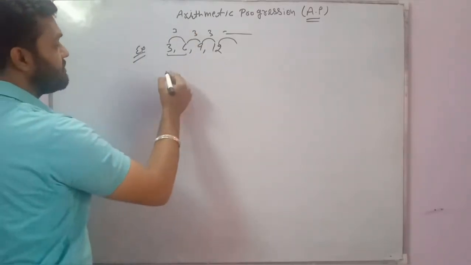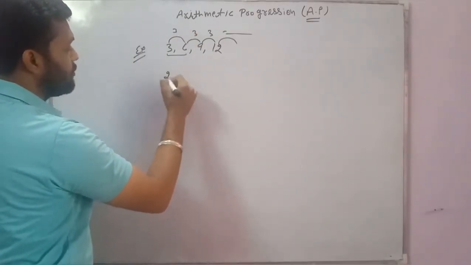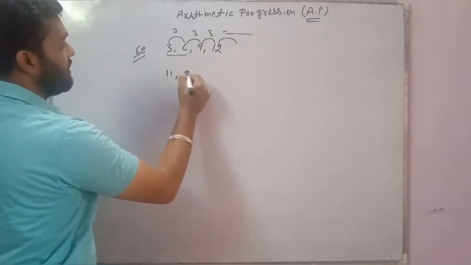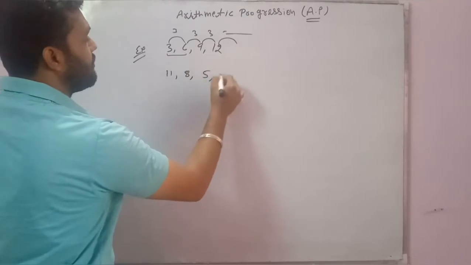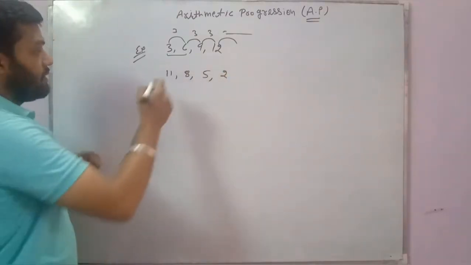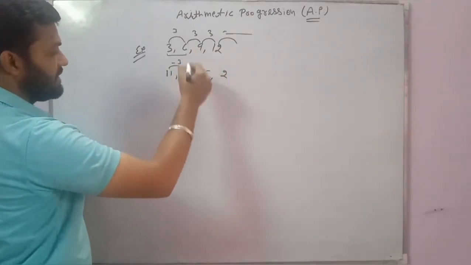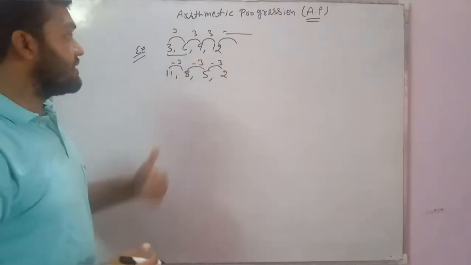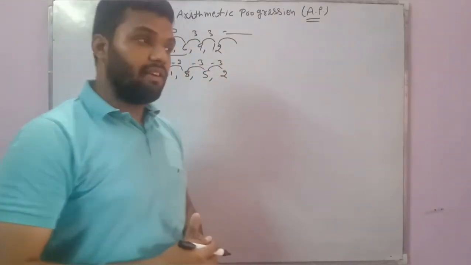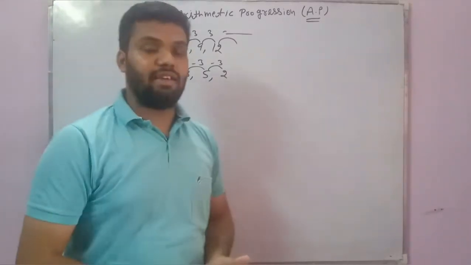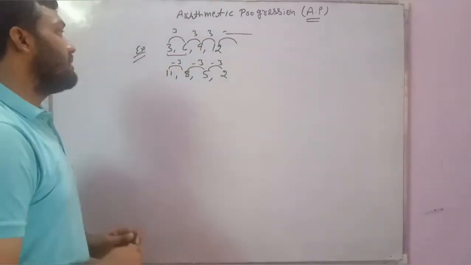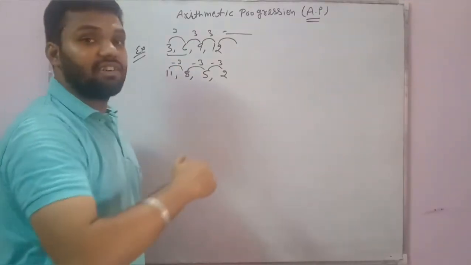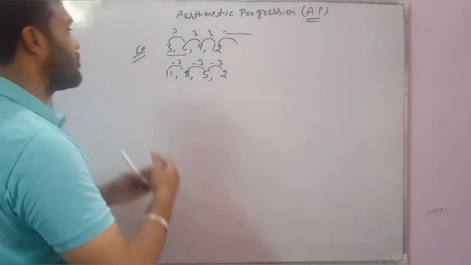Next example is 11, 8, 5, 2. Minus 3, minus 3, minus 3. This is an AP. If we add any number to the preceding term to find the succeeding term, this is called AP.